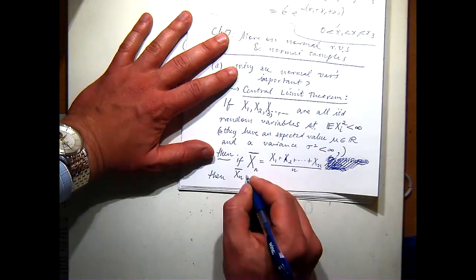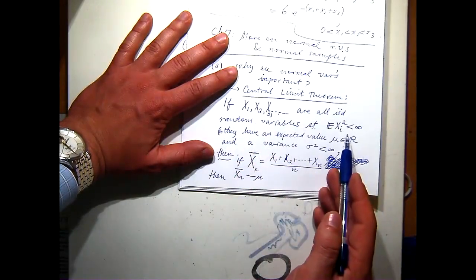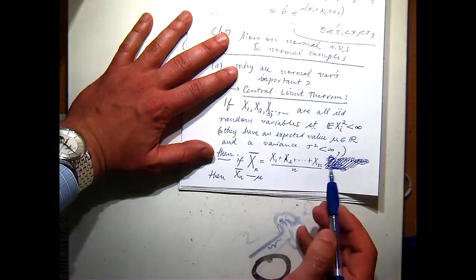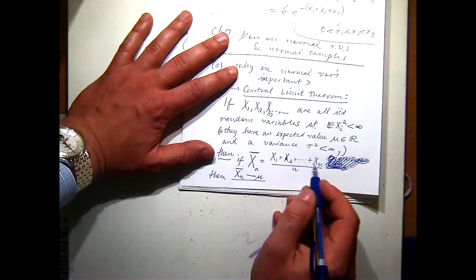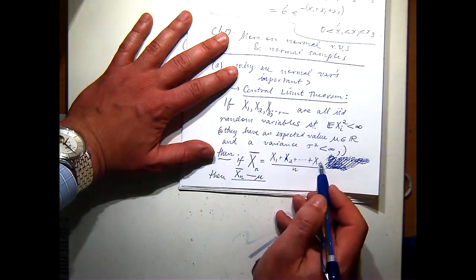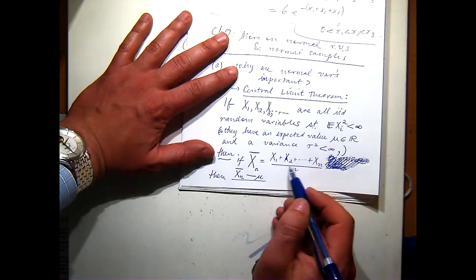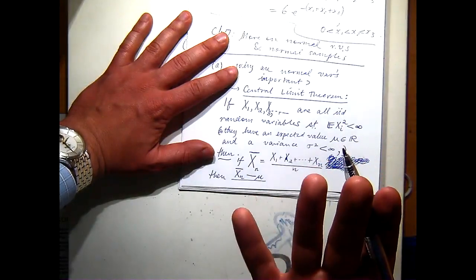Standardization is to subtract the mean. Because the Xi's all have expected value mu, that means Xn bar also has expected value mu. And because the Xi's all have variance sigma squared, the sum of n of them has variance n sigma squared, because you add variances of independent variables.